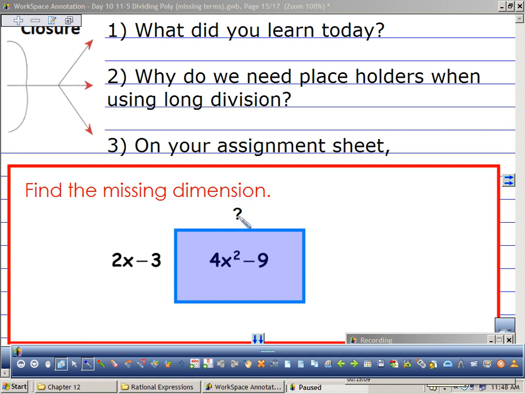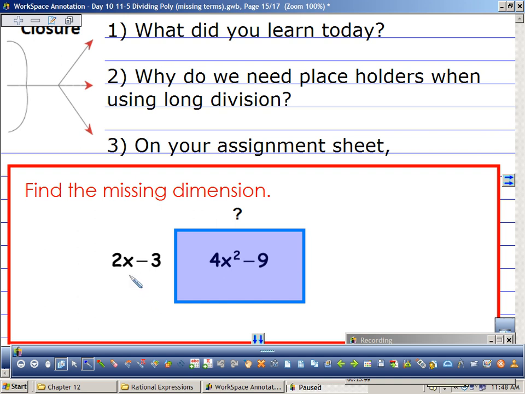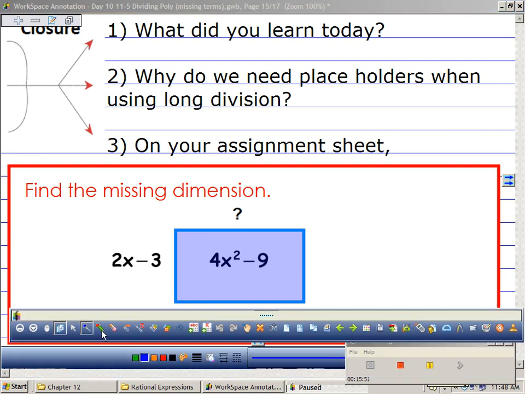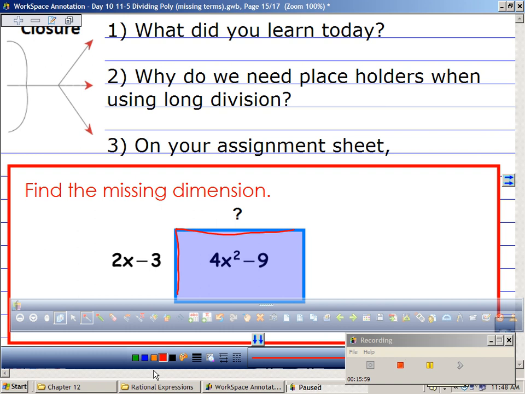Okay, find the missing dimension. If this is a square, and this is one side of the square, and this is the other side of the square. 2x, negative 2x, minus 3. Yeah, minus 3. Good. Most of you have it already. Hey, check this out. Doesn't this look like a division sign?